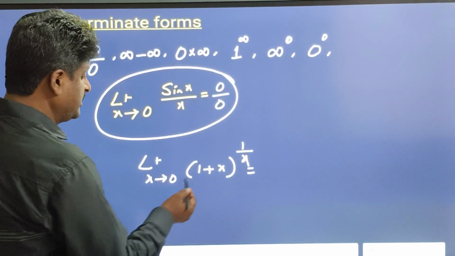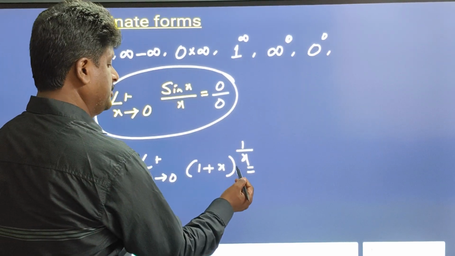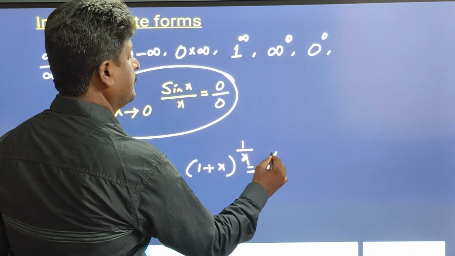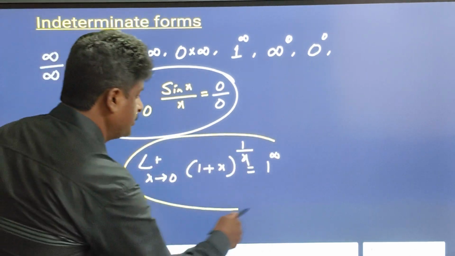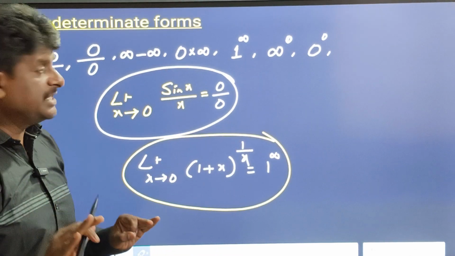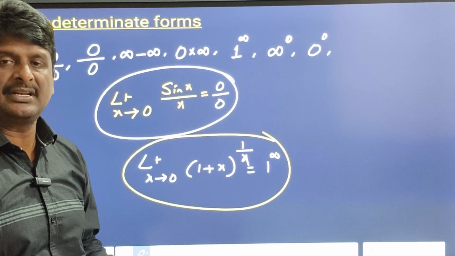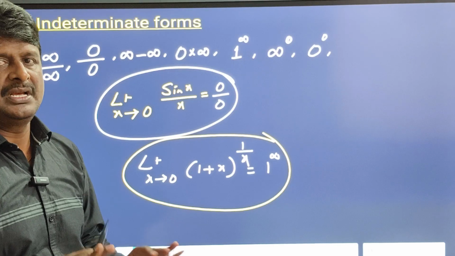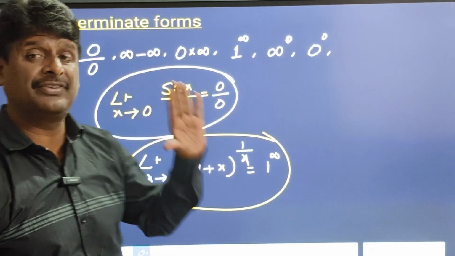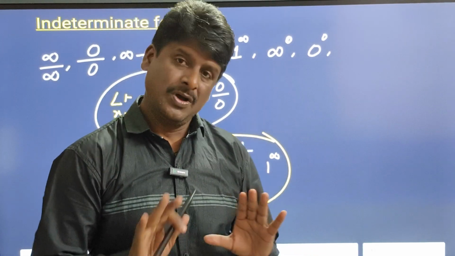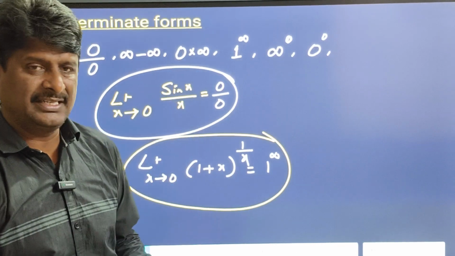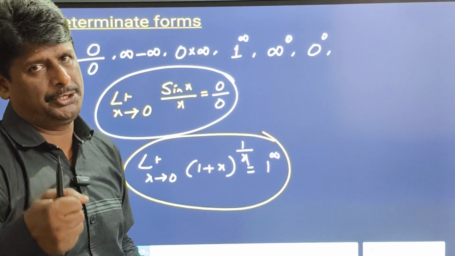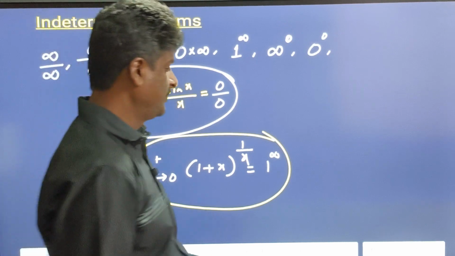While applying the limit, we get 1 plus 0 is 1 power infinity. So dear students, we are going to discuss these methods now. That is the whole limits syllabus. If you learn about these 7 indeterminate forms, limits will be very, very easy. Simply you can get 2 marks.